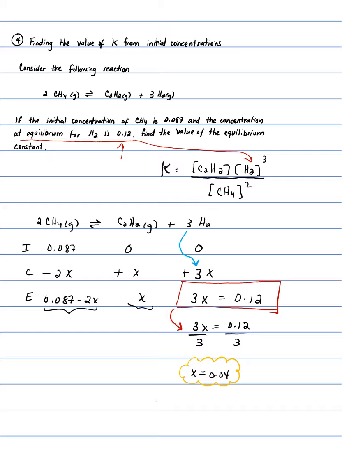So 0.087 minus 2 times 0.04. This one here is just 0.04. And then for hydrogen, we have 0.12. So we can plug in the numbers here.